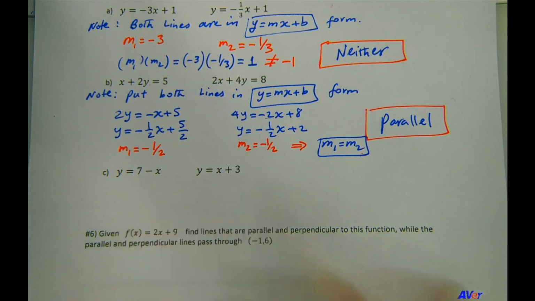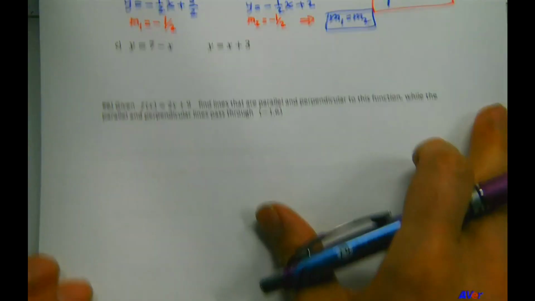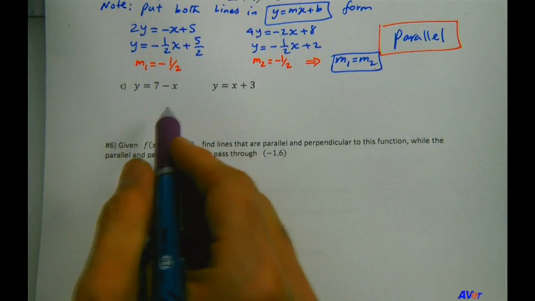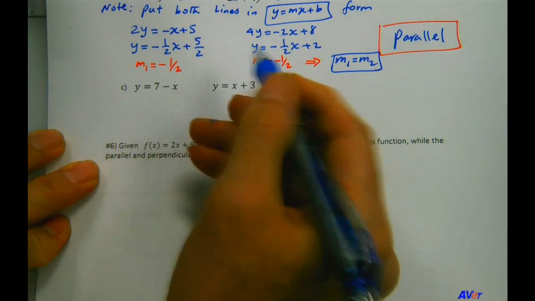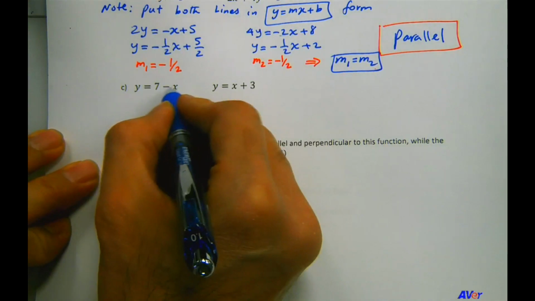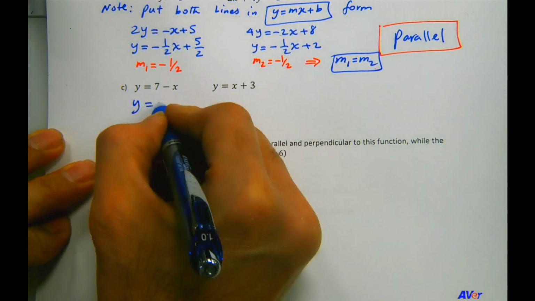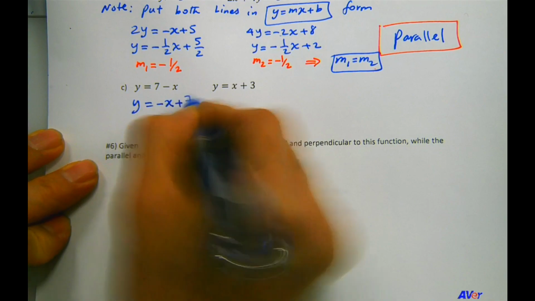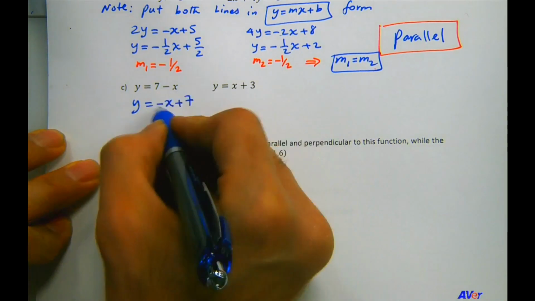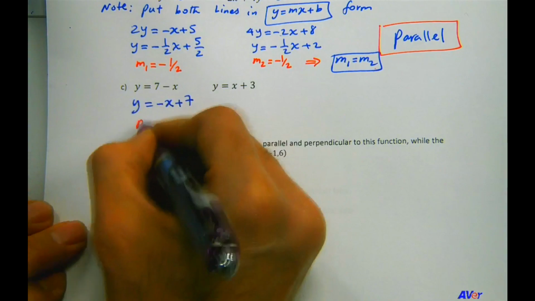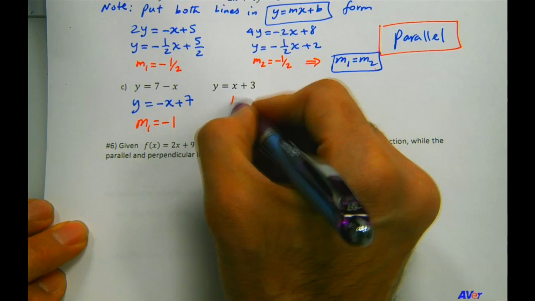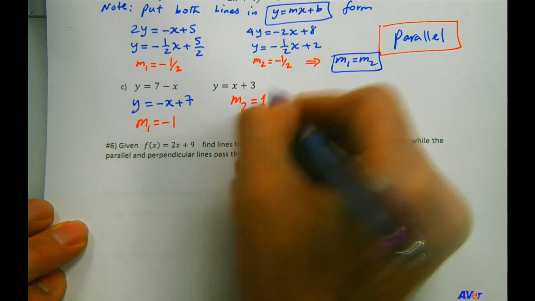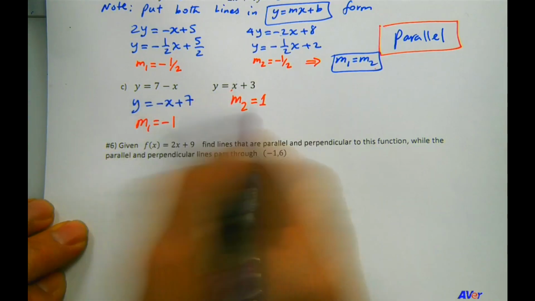All right, so these two lines, let's put them in. Oh, they're already in y equals mx plus b form, right? I mean, this one, it's in y equals mx plus b form, but the x comes later. So we can easily arrange it and say minus 6 plus 7, and that one is already there. So what is the slope of this line? m1 equals negative 1. What is the slope of this line? m2 equals 1, right? Coefficients of x tell us the slopes.